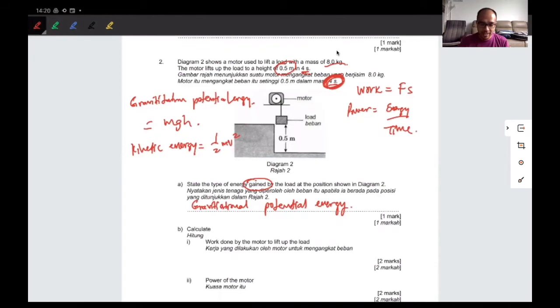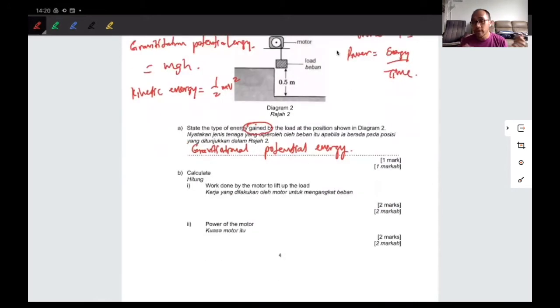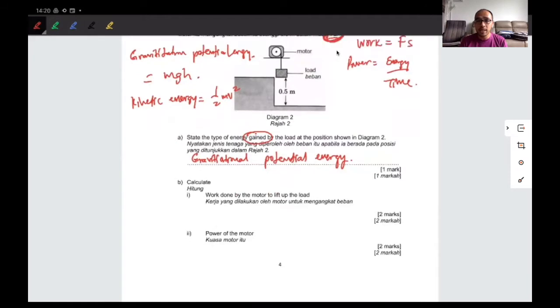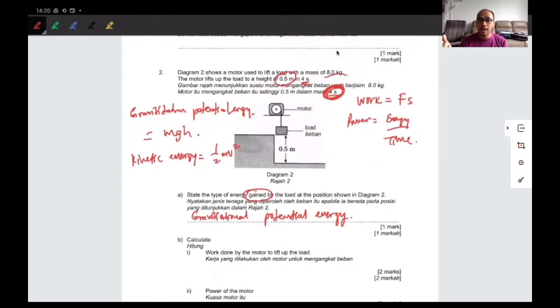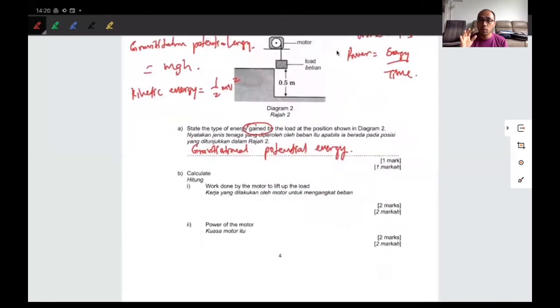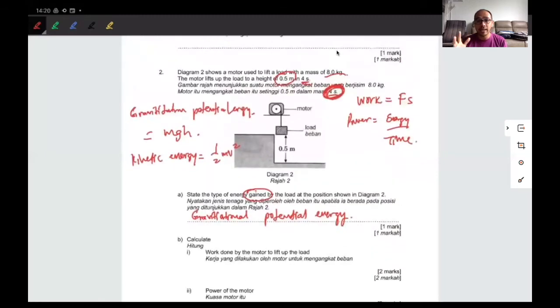Work done by the motor to lift up the load. So, we kind of see this work, but actually, the work done, and you can call this a hack if you want, is actually the potential energy itself, because the unit for work and energy is the same, it's joule.